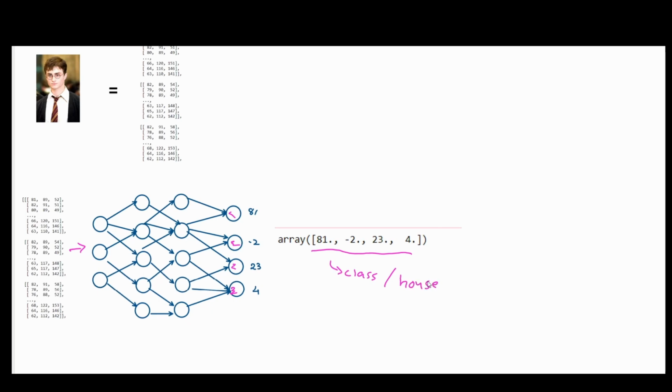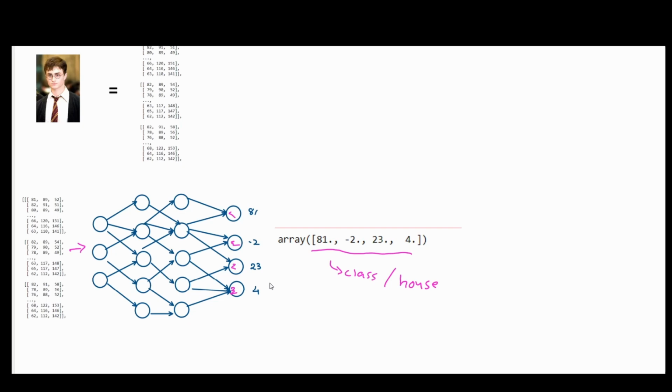What does 81 mean? Does it mean Gryffindor? Or what does -2 mean? Does it mean Slytherin? You don't have any mechanism to identify what the number indicates, right? So this is where you use a softmax function.